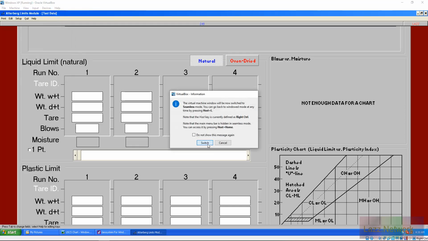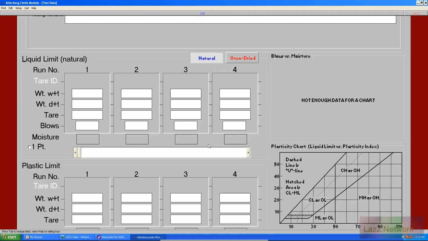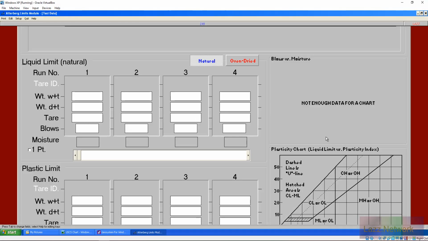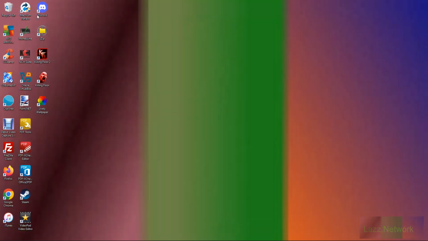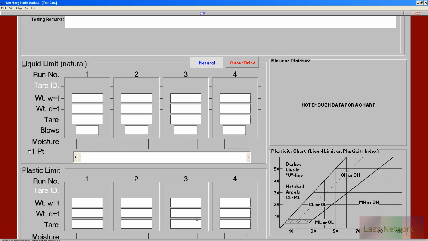What's seamless mode? Oh, where everything's down here. I don't know, that don't seem to still work too well. Yeah, full screen mode kind of sucks too.